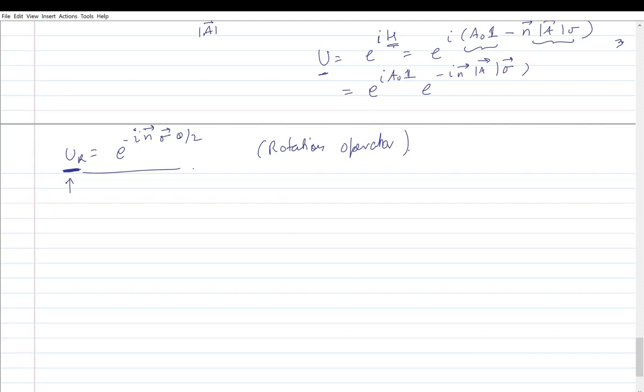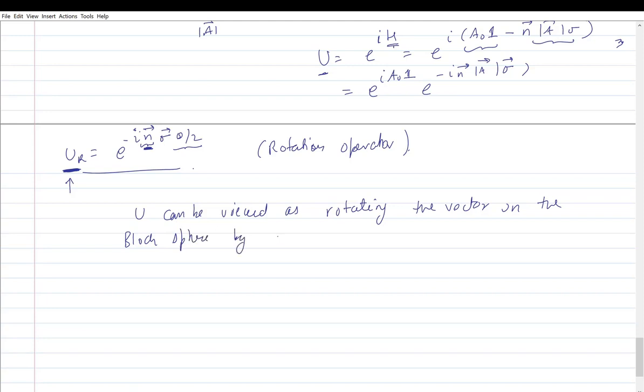A rotation along the axis n by an angle of theta. So U can be viewed as rotating the vector on the Bloch sphere by theta.